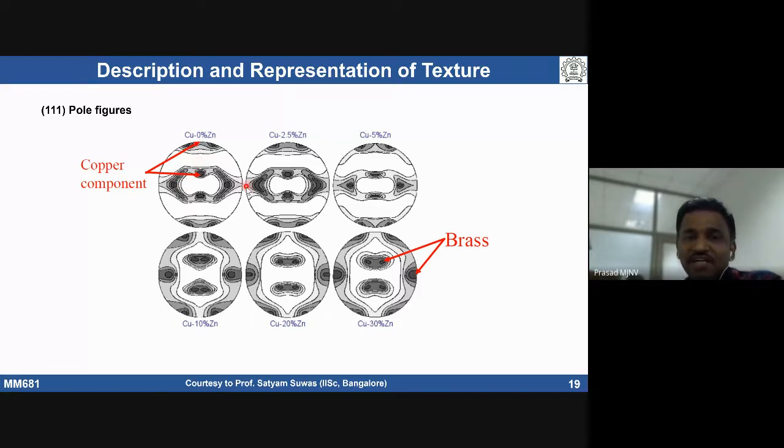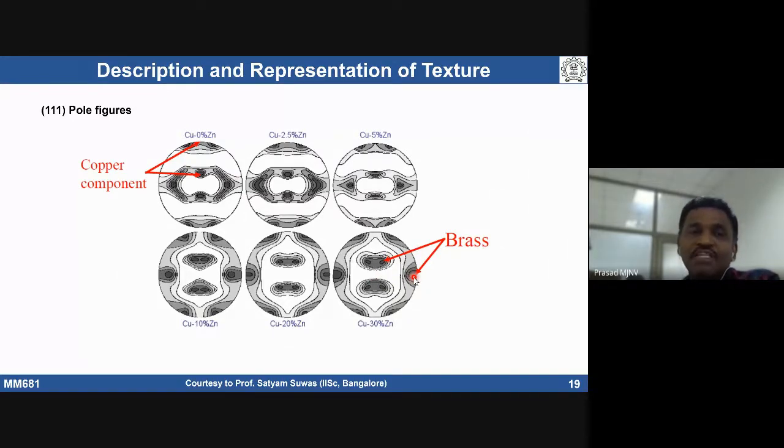This kind of standard pattern is called the copper component, and this kind of orientation is the brass component. With decreasing stacking fault energy, the copper component gradually disappears and more brass component builds up in the material.